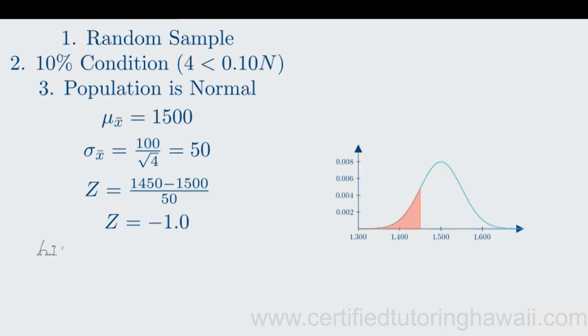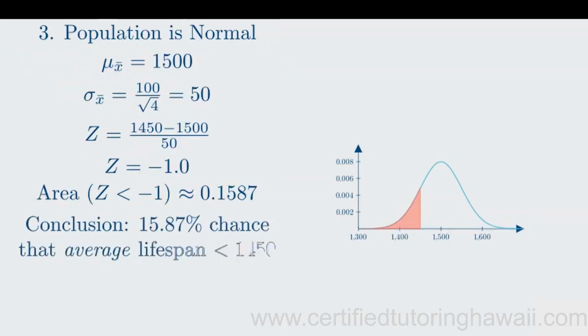Looking this up on a standard normal table or using a calculator, the area to the left of z equals negative 1 is approximately 0.1587. There is a 15.87% chance that a random sample of 4 bulbs will have an average lifespan of less than 1,450 hours. Note how context is key. We are talking about the average of 4 bulbs, not just one.